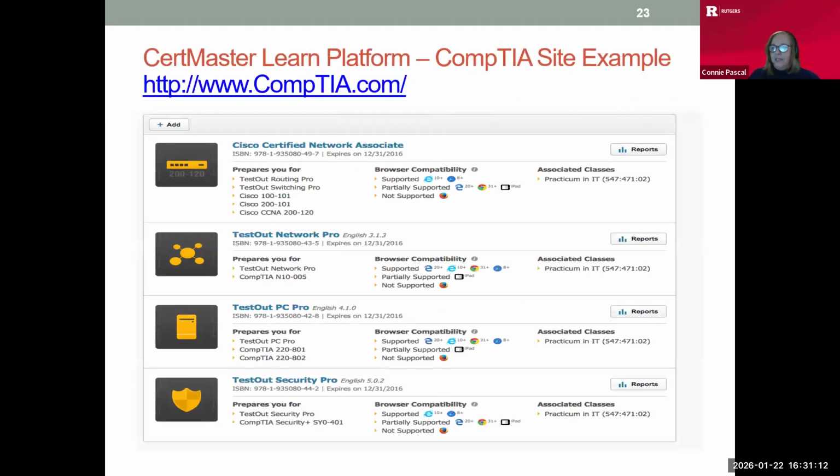Again, this is just an example of what you're going to see when you log in. You'll also note that there's some browser compatibility information there. Sometimes it can be hard to get the courseware to run well on your laptop, your PC, whatever.